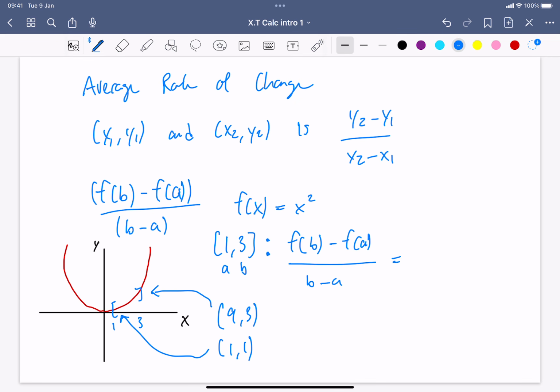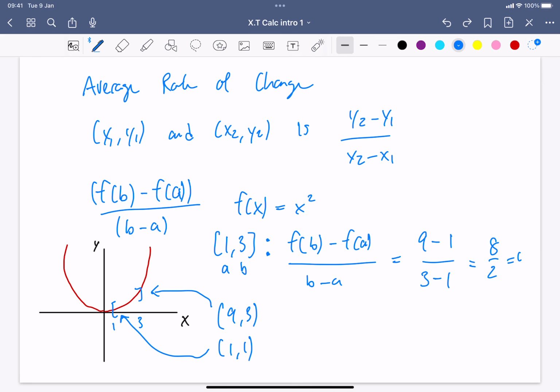So now we have 9 minus f of a, so just 1 squared is 1, over b minus a, so again we just take the point here, this is b, 3, minus a, which is 1, equals 8 over 2, which equals 4. So we see that from this point to this point, the slope is 4.